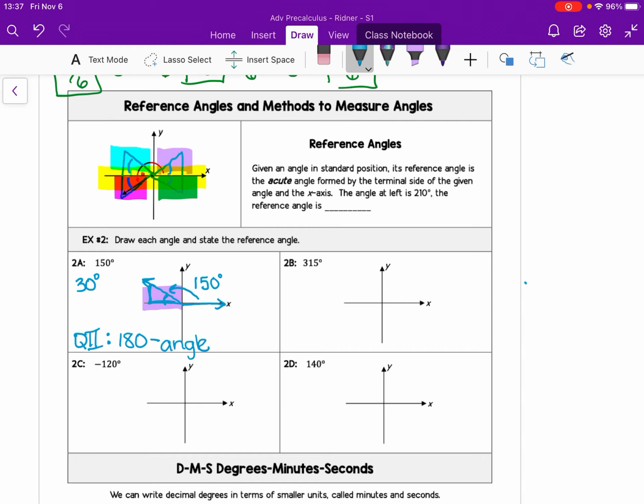All right, let's look at a different one. What about 315 degrees? So we start at our standard position here. We've got 315 degrees, which puts us somewhere right here. Again, for a reference angle, we need the acute angle.